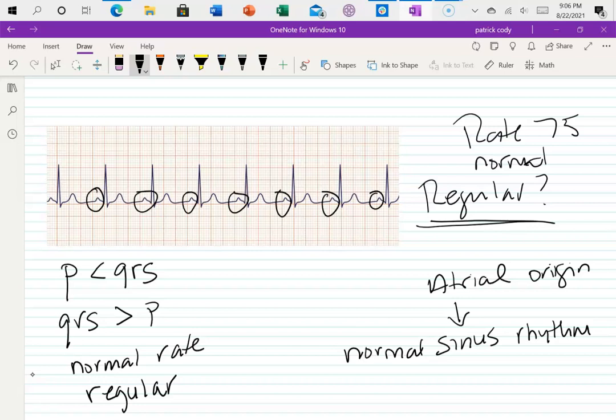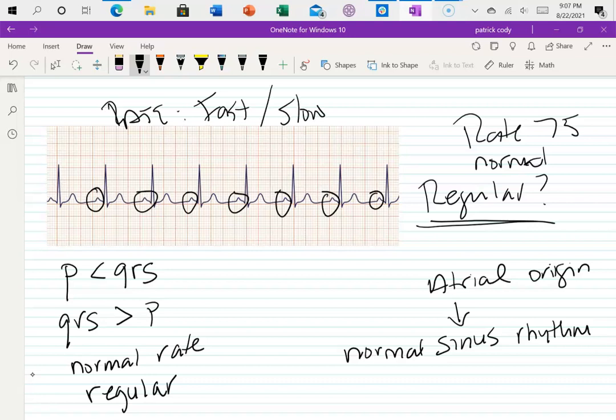So this information that we're learning right now in this lesson is going to be the absolute backbone for everything we do from here on out. So anytime you look at one of these rhythms, I want you to look at it and think to yourself, rate. Is this too fast? Is this too slow?